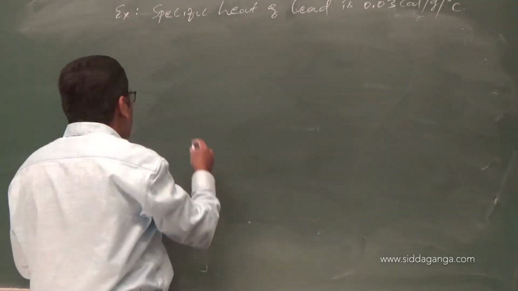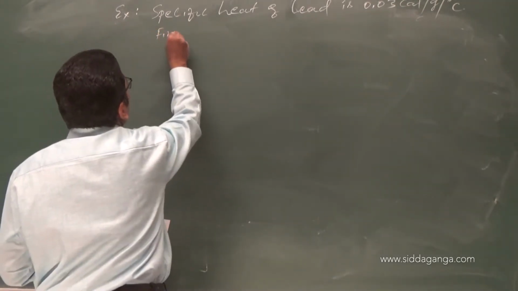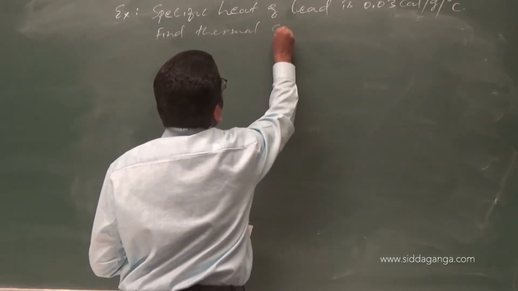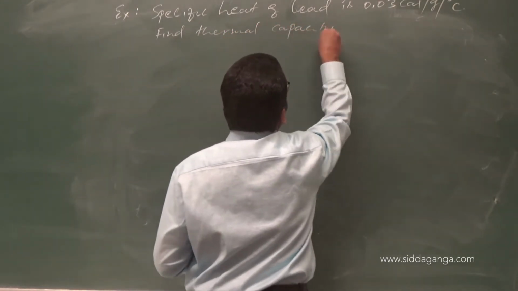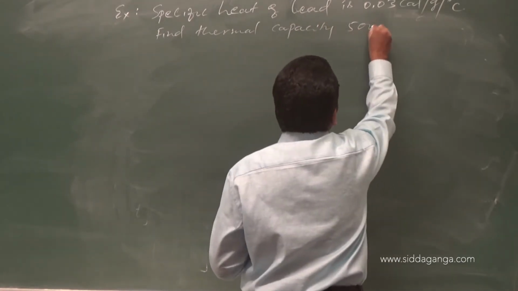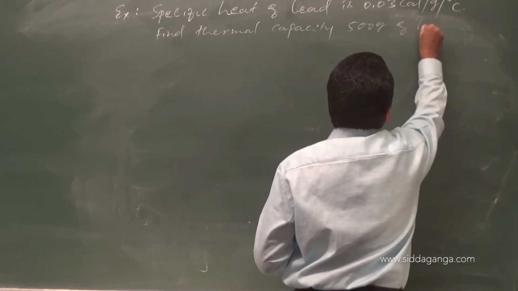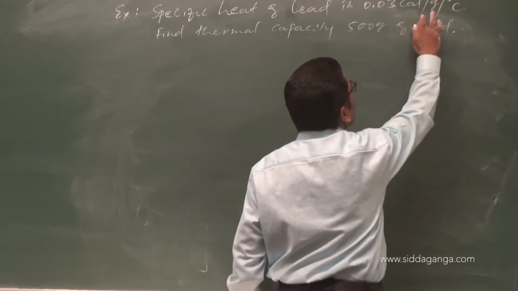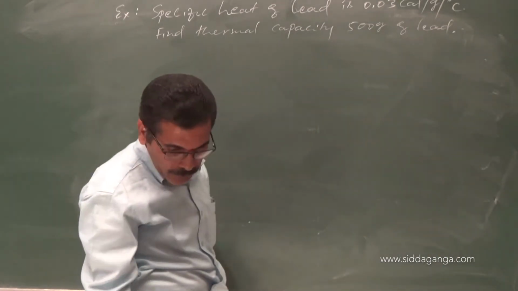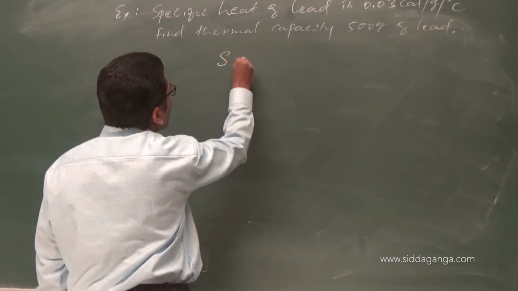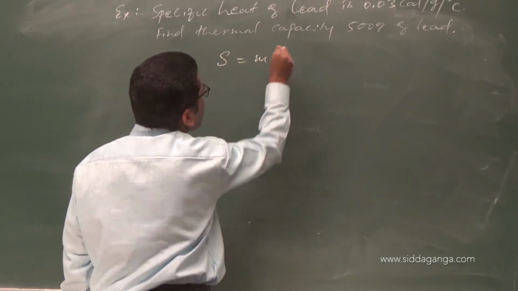Find the thermal capacity of 500 gram of lead. You know that thermal capacity is given by m times specific heat capacity.